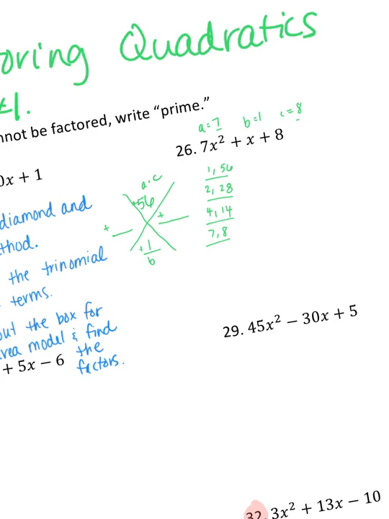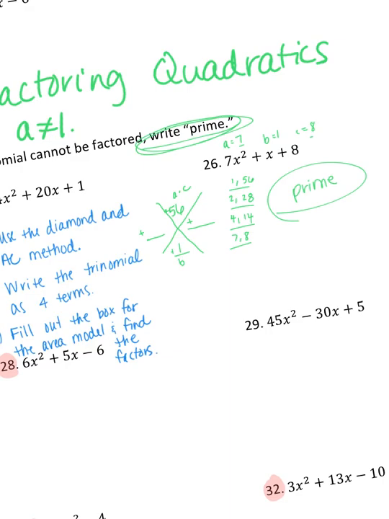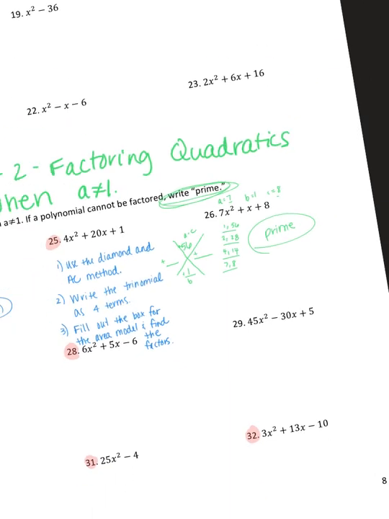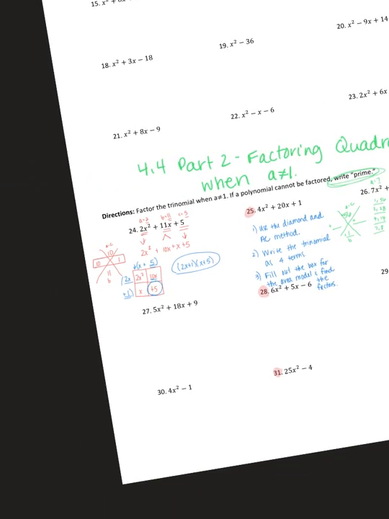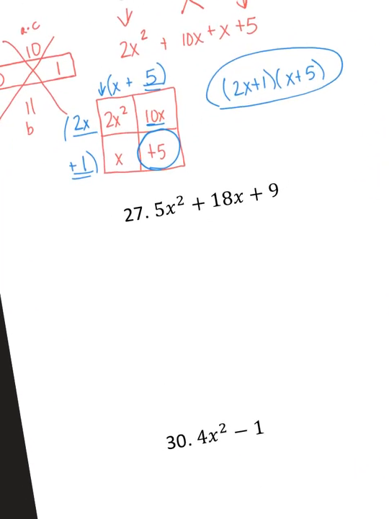So that means this cannot be factored, and when it can't be factored, what you're going to do is write the word prime. So that is, it cannot be factored any more than what it is already written as. All right, and in this case, it can't be factored at all. All right, so we didn't make it very far in that one, but let's take a look at number 27.